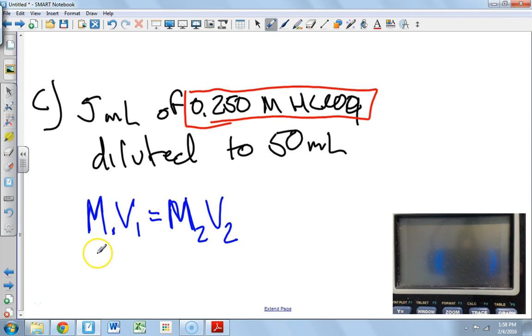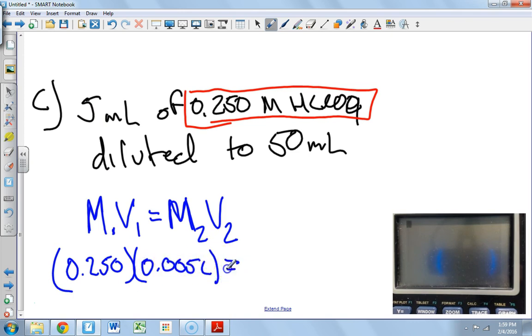So what is the initial molarity? 0.250. What is the initial volume? Okay, 0.005 liters equals, we're trying to find what the new molarity is, M2, and we converted this to liters. And now we convert this to 0.050.